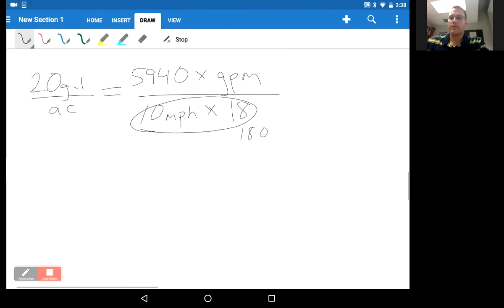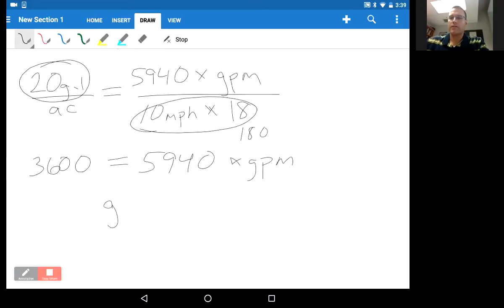So I can go ahead and do that first, and then I can multiply both sides by 180, and that gets rid of our denominator over here on the right. So take 180 times 20, which is this 20 right here. I'm taking 180 times that. That's what, 3,600? 3,600 equals 5940 times GPM.